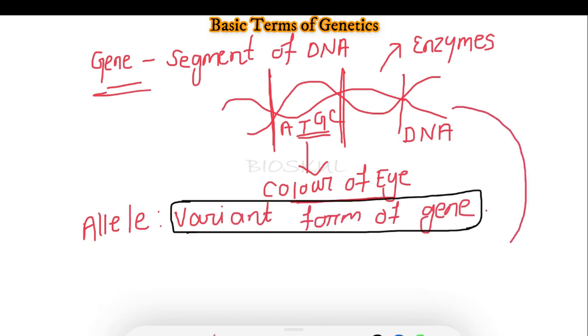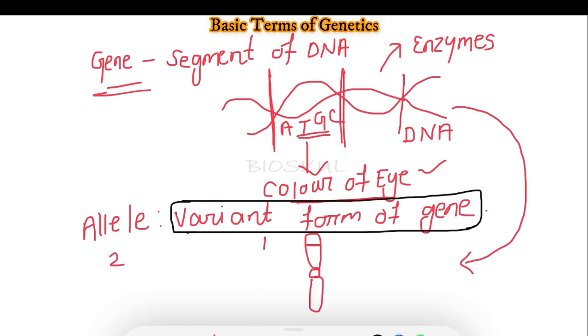So let's look at this picture in a chromosome. The gene is a segment of DNA that codes for a particular character, and here we are taking color of eye as an example. Let's say it is located on chromosome number 1.